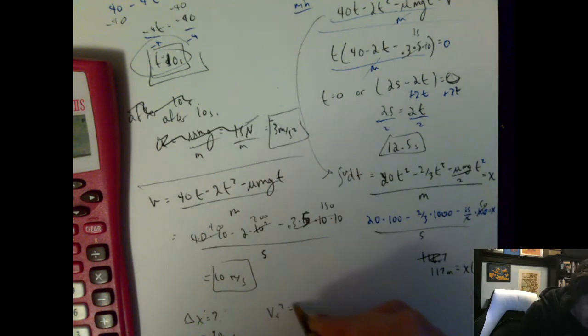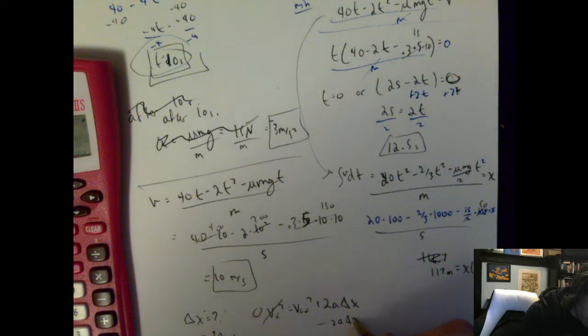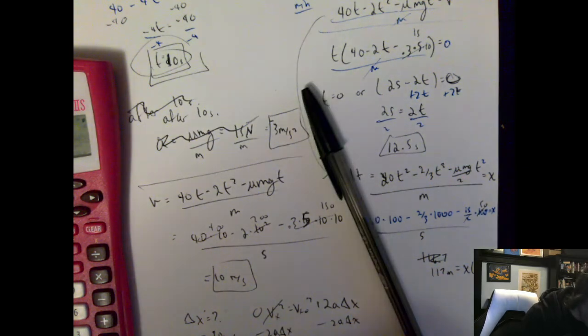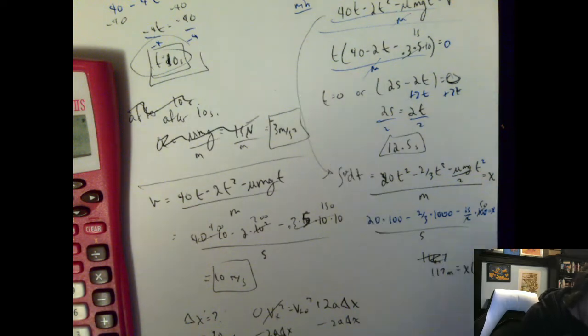I have Vx squared equals Vx naught squared plus 2a delta x. Picking this one because it's got the same variables as over here. This is equal to 0 because our final velocity is 0. Subtract 2a delta x from both sides. 2a delta x is equal to negative Vx naught squared. Divide each side by 2a.